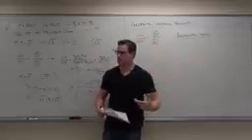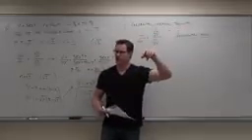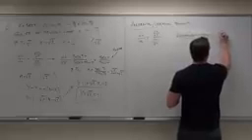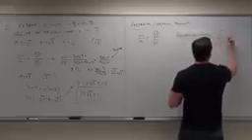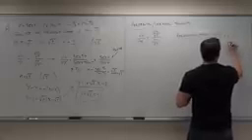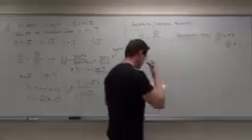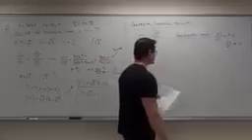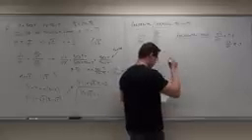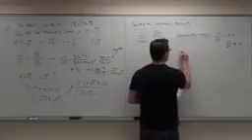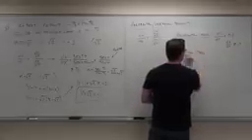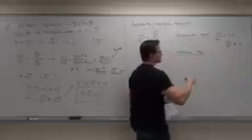That's where we get a horizontal tangent, where the numerator is 0 and the denominator is not: where dy/dt equals 0 and dx/dt does not equal 0.